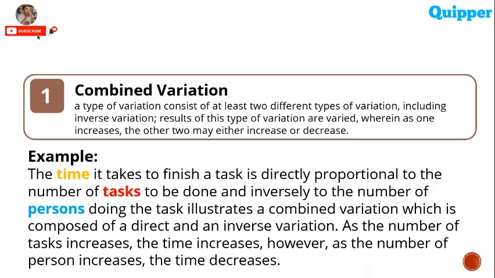As the number of tasks increases, the time increases. However, as the number of persons increases, the time decreases. Take note that in combined variation, you are combining at least two different types of variation, including inverse variation.